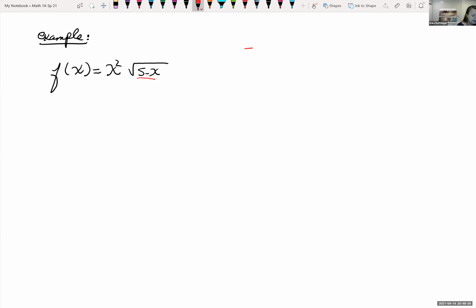And so 5 minus x, I know has to be greater than, this is not in the denominator, so it can equal 0. So 5 minus x has to be greater than or equal to 0 in order for us to get back a real number. And so I'm just solving for my domain. If I add x to both sides, I get 5 is greater than or equal to x.